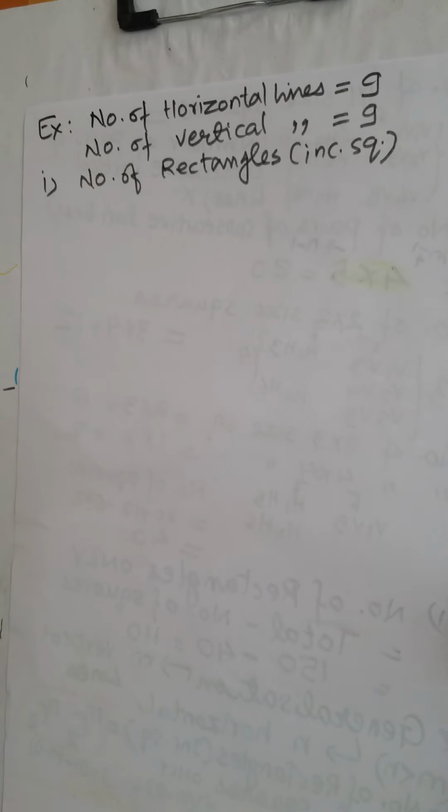So for example, let's say the number of horizontal lines is 9 and the number of vertical lines is also 9. They are equally spaced. Now the question is the same: how many rectangles including squares are there?